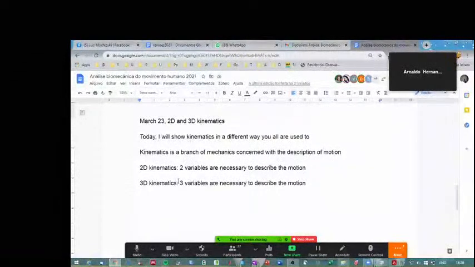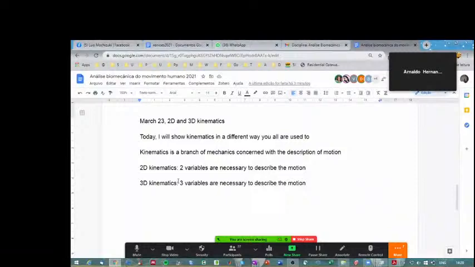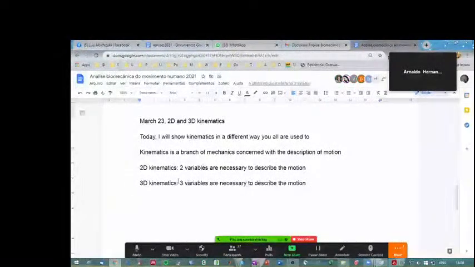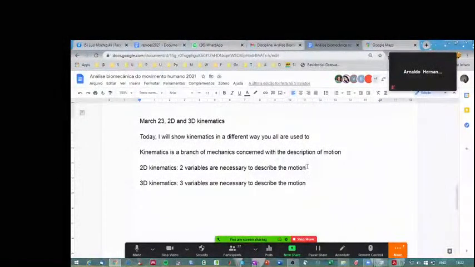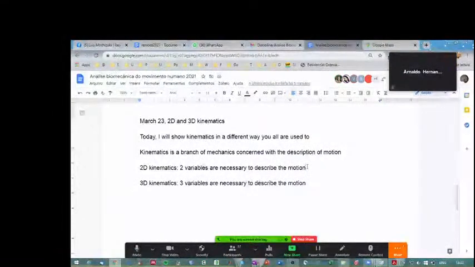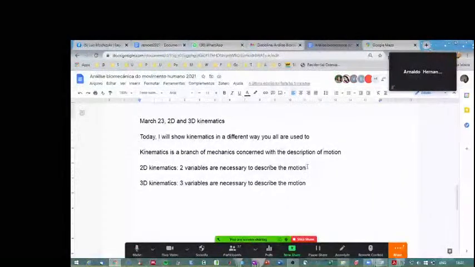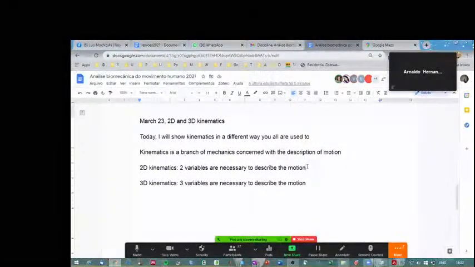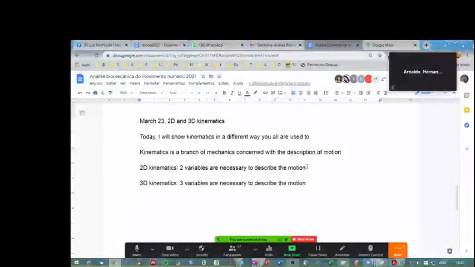Sometimes the most common way to think is, for example, how high or tall and how large or wide something is. So x and y, that's what we used to think, and we are pushed to think. But this is a very simplistic way to think.